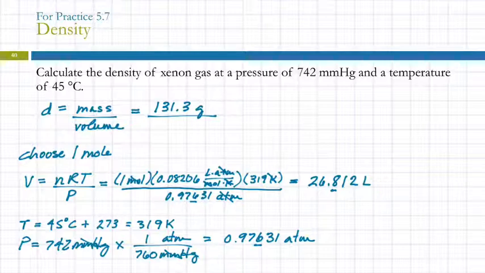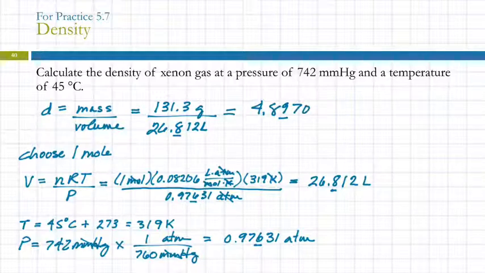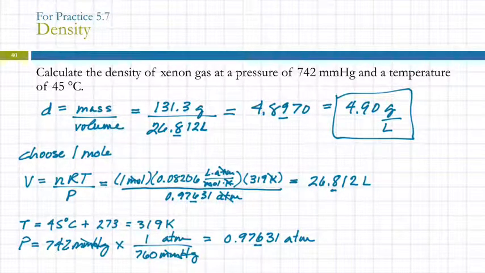That's the volume of 1 mole of xenon under these conditions. Dividing the mass by the volume, I'm coming up with 4.90 grams per liter.